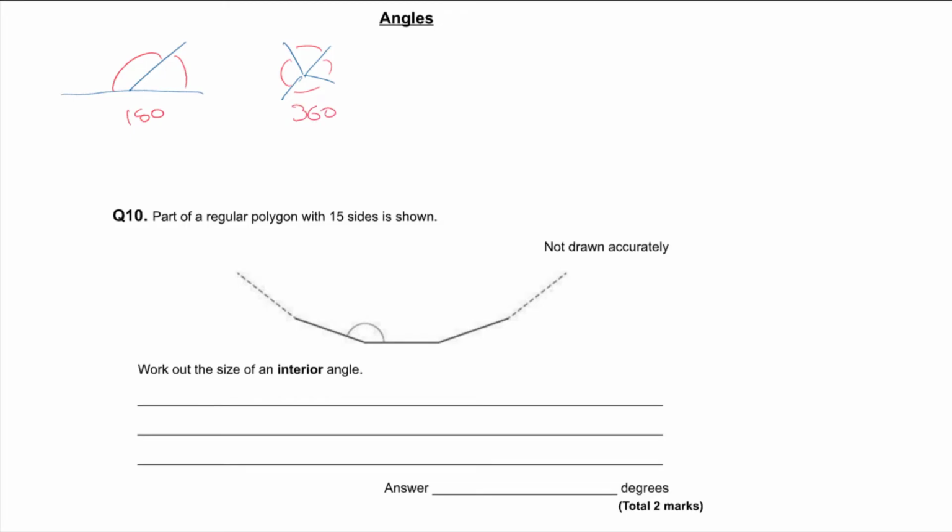We need to know vertically opposite angles that are equal. We need to know angles in parallel lines. So we've got corresponding, we've got alternate, and we've got co-interior. So you need to know about those.